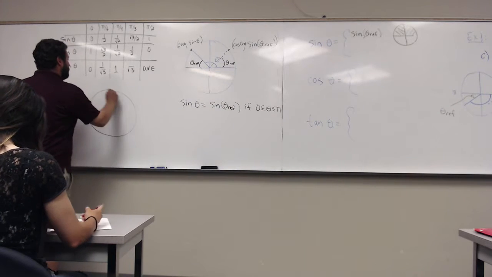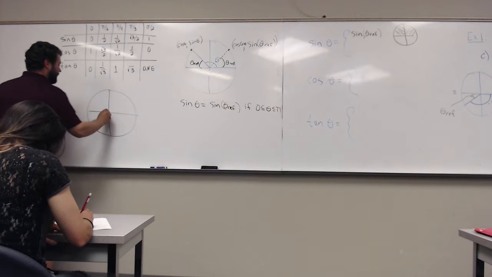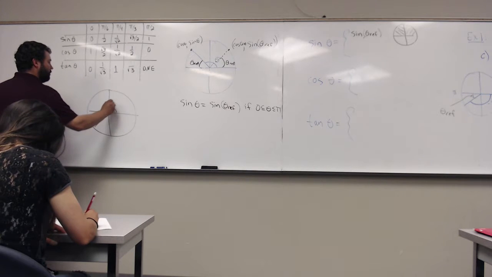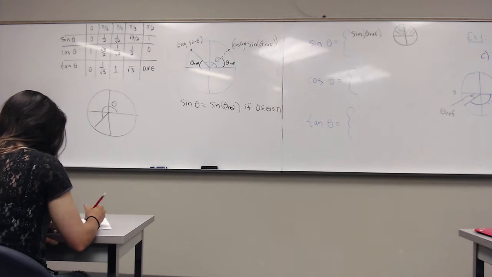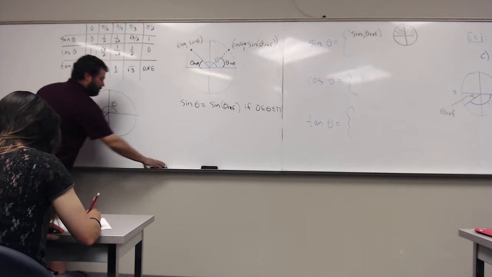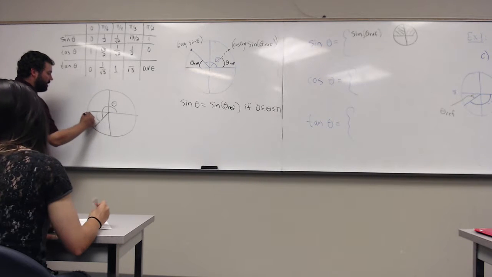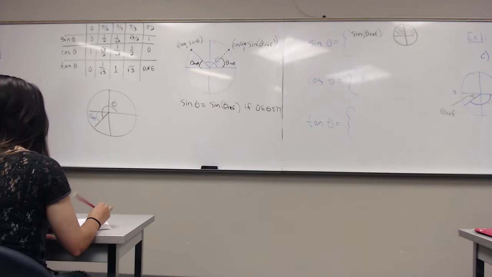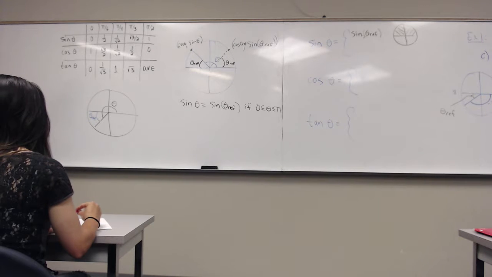Okay. And then let's go ahead and look at the picture in the other case. So if your angle, let's say it's in the third quadrant this time. Right down here, this is my reference angle. Okay. And then I'm going to take that angle and I'm going to again just draw it in the first quadrant.